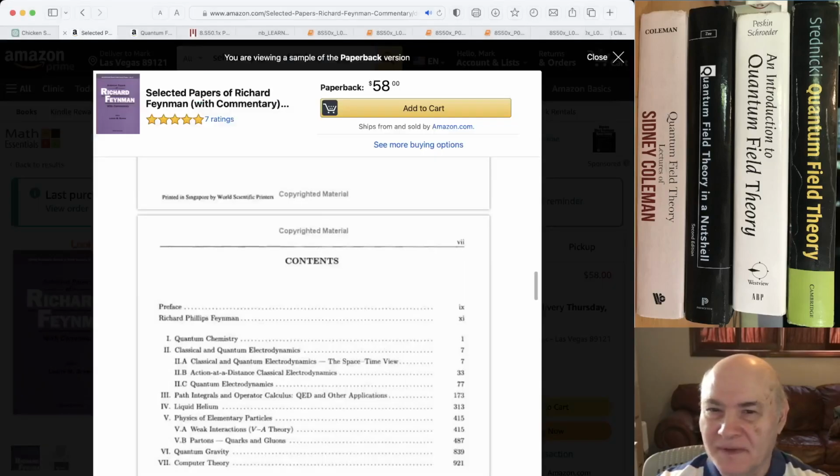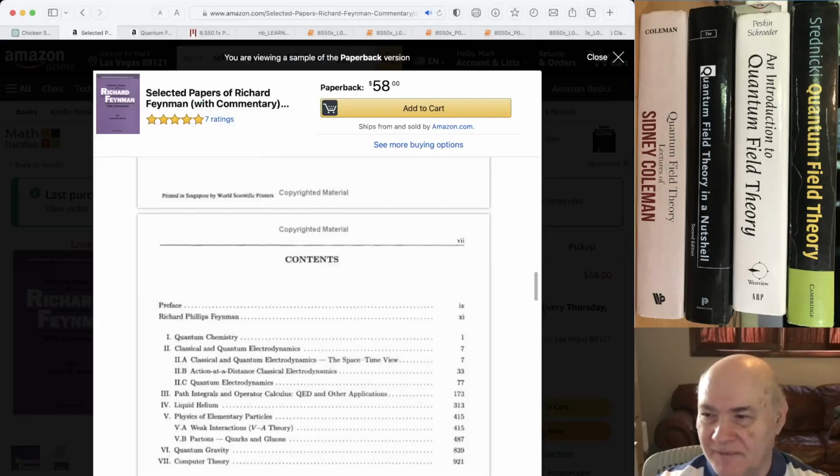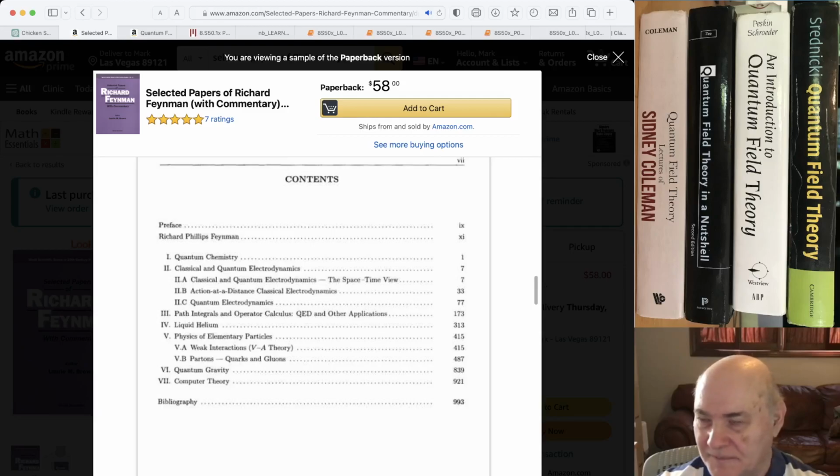I've continued to read the Feynman papers on physics. I'm sort of working backwards. I've read the chapters on all those papers on computer theory, and about half on the quantum gravity, and now I went back to the physics of elementary particles.